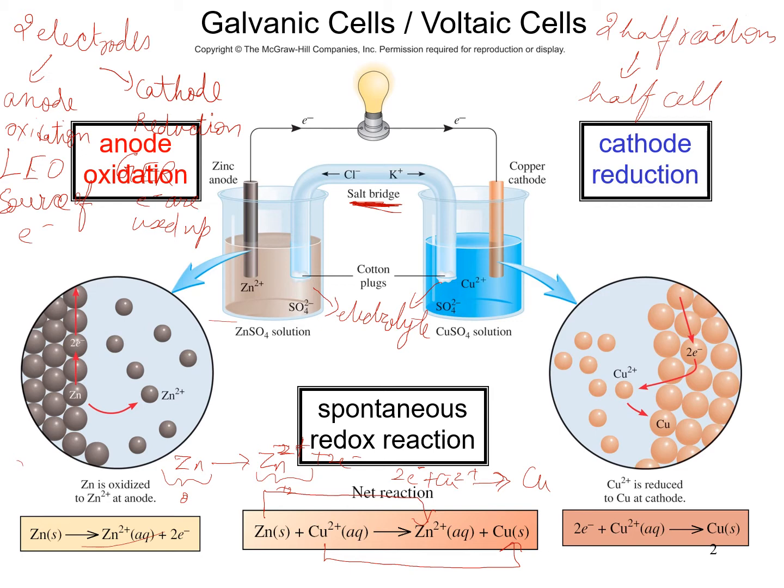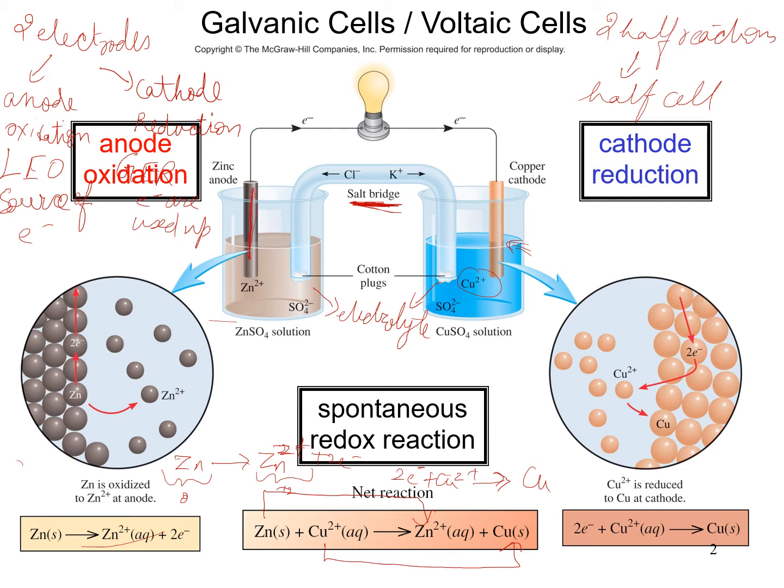Whereas the cathode in this case, what is happening to copper? Copper ions from this solution are taking up 2 electrons and are changing into copper. And that copper will eventually get deposited right here. So if you see this reaction happening in front of you, over time the mass of this zinc is going to reduce.